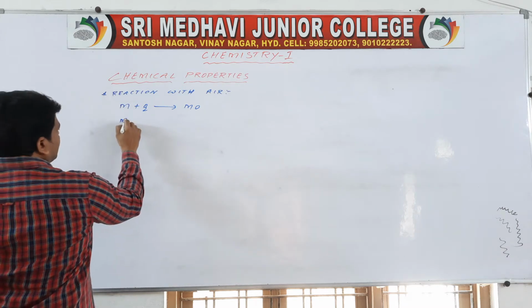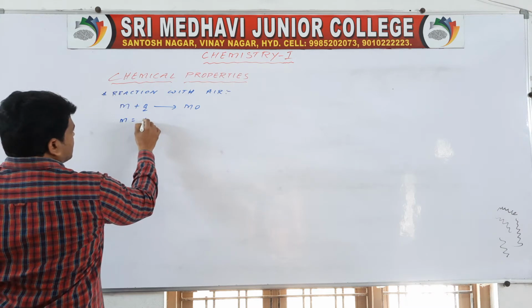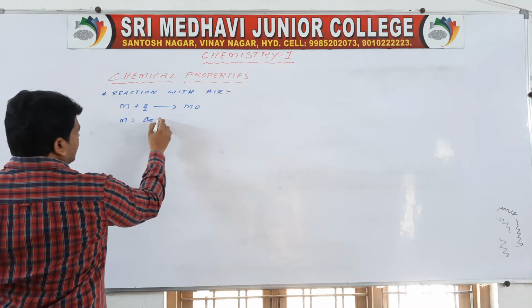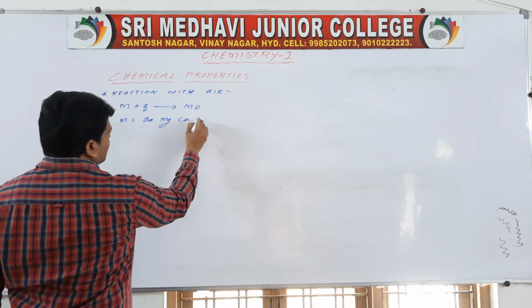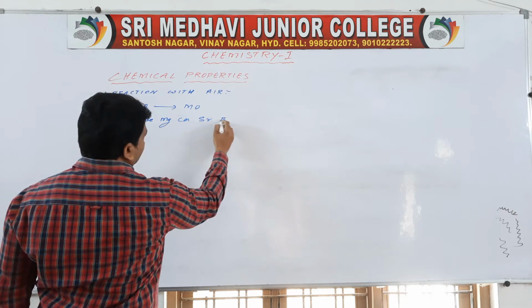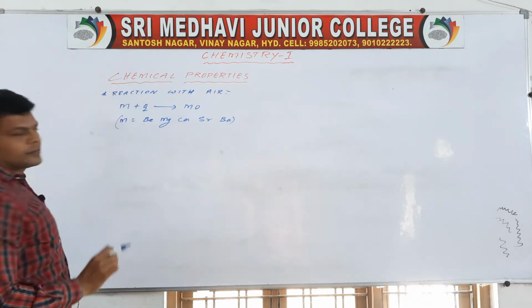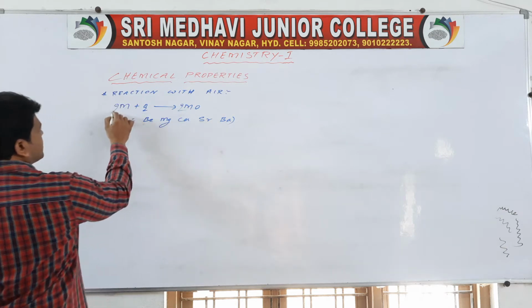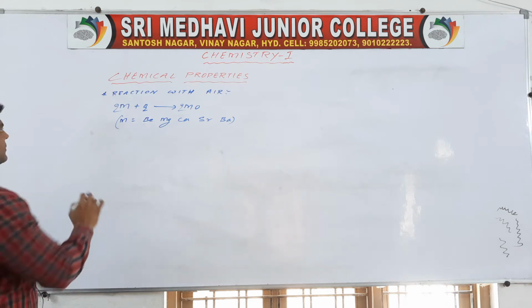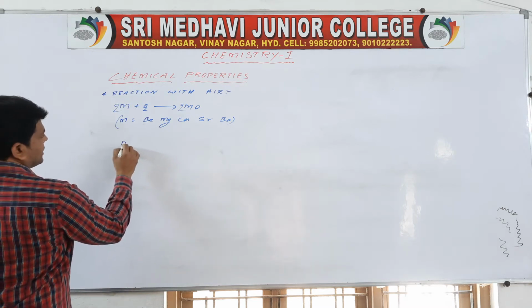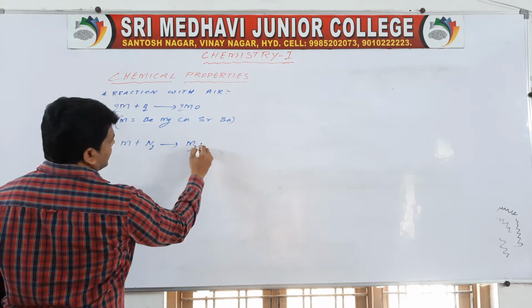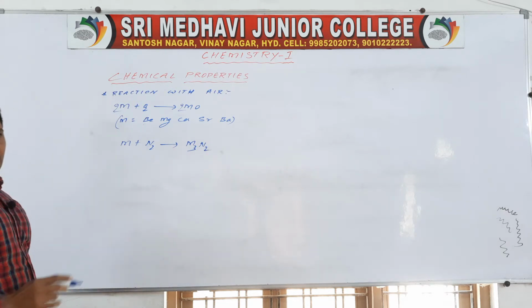So here M equal to second A group elements like beryllium, magnesium, calcium, strontium, barium. If you take 2, then this is balanced. Next, M plus N2 gives rise to M3N2 nitrides.